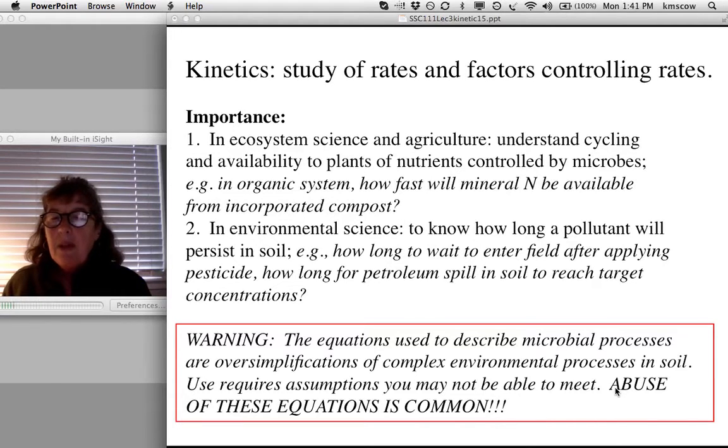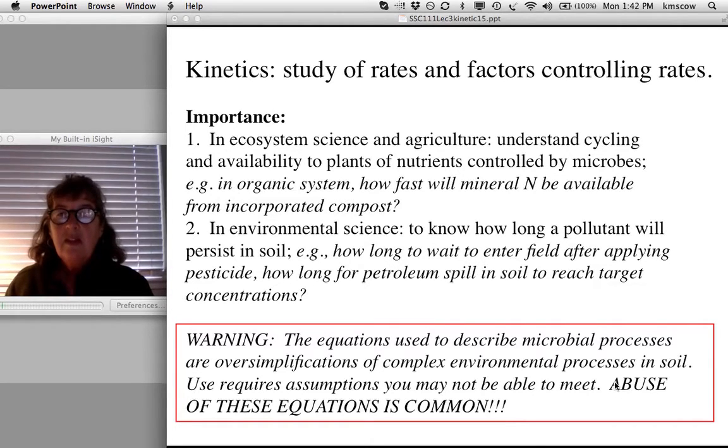But people abuse these equations. For example, somebody who is manufacturing a pesticide that they want to use for a certain kind of application, let's say to spray in strawberries, may want to over-exaggerate how fast that chemical degrades in the soil because they may want to get permission for using it in that particular situation.